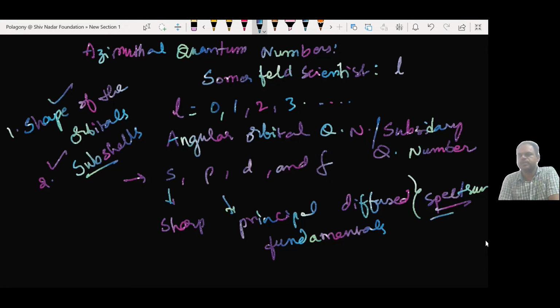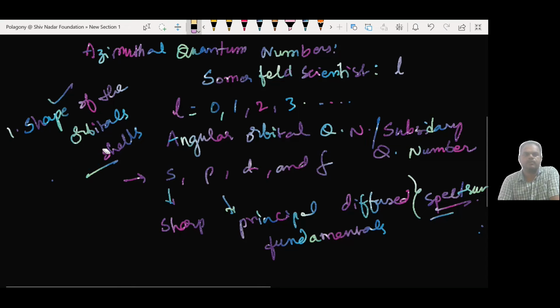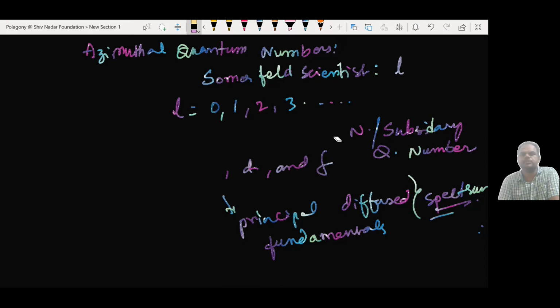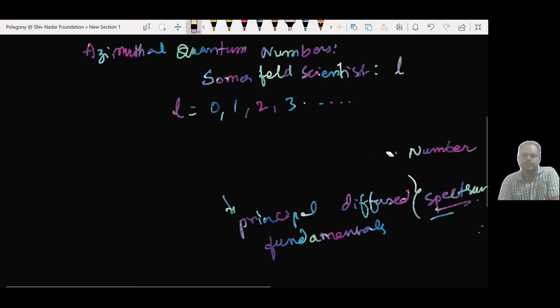So let us move further, to the shapes of orbitals. What is the shape of the orbital? As per Niels Bohr, as per the principal quantum number, the shape of the orbital is circular.